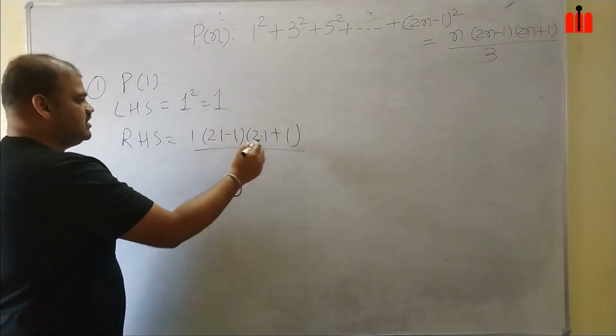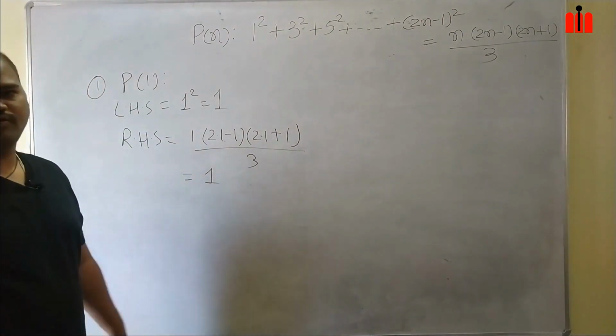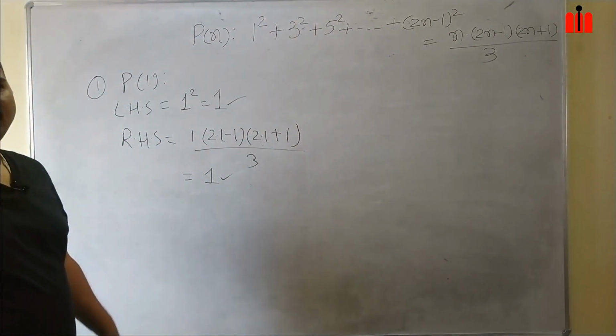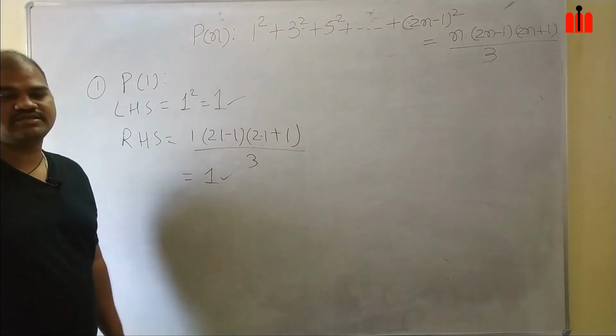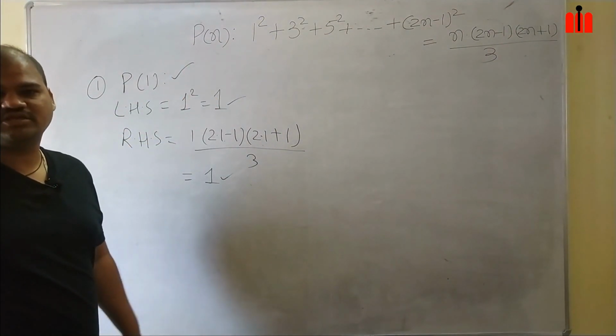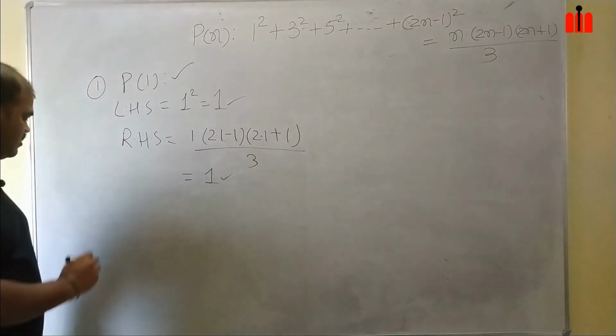So this will become 1, this will become 3, and 3 gets cancelled. So my RHS will be 1. My LHS is equal to RHS. When LHS and RHS are the same, that means my P1 is true. So this is my first step completed.